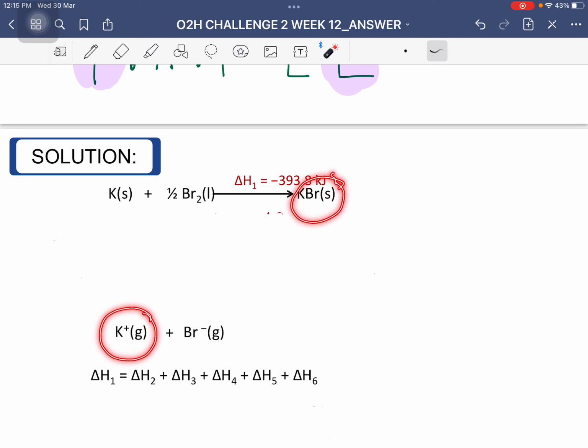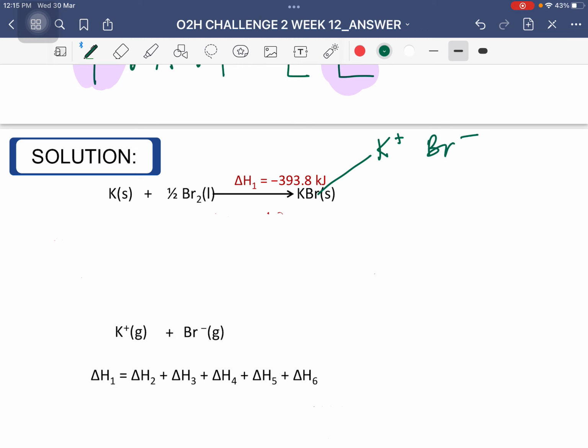So it's from K plus and Br minus. So just pecahkan KBr ni kepada K plus and Br minus. So kita nak form this one, it's from gaseous ion. K plus ada 1 mole and Br minus 1 mole. Okay, therefore this equation is referring to the lattice energy yang kita nak cari. Sebab soalan minta lattice kan.